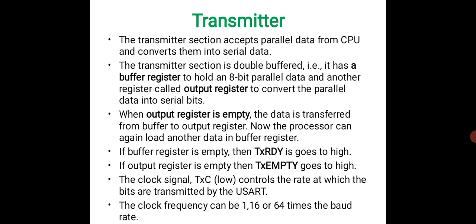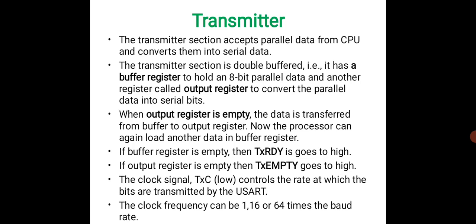When this output register is empty, the data is transferred from the buffer register to the output register. Now the processor can again load another data in the buffer register. So the associated signal transmit ready will go high when the buffer register is empty, and transmit empty will go high when the output register is empty.